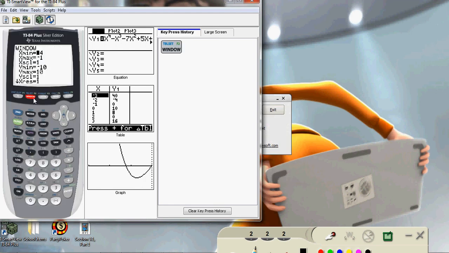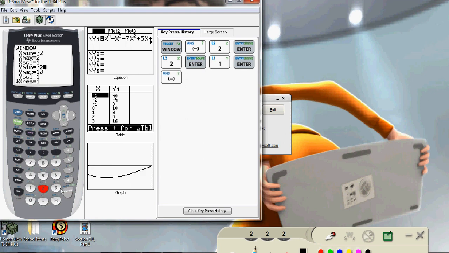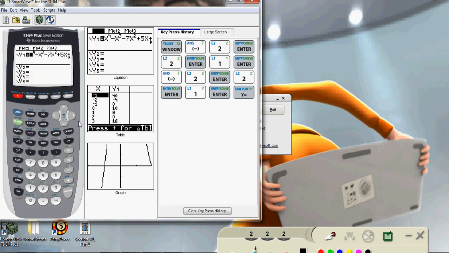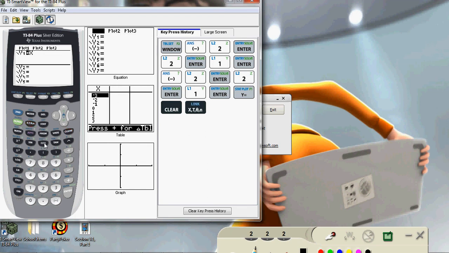So we go in here to the window. I'm going to do -2, 2, and 1, -2, 2, and 1, and I'm going to put y equals, clear out anything I had, and I want to do x cosine of 1 over x.